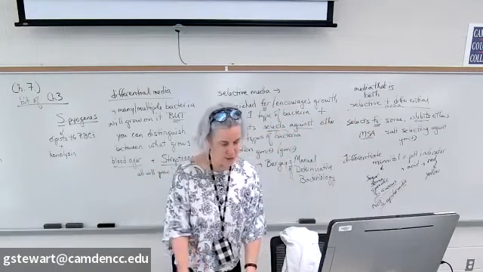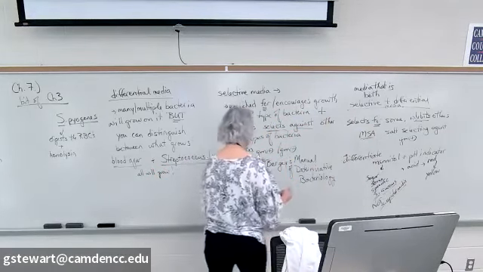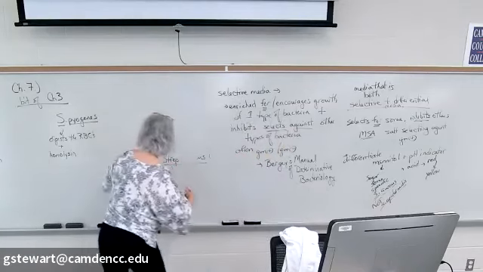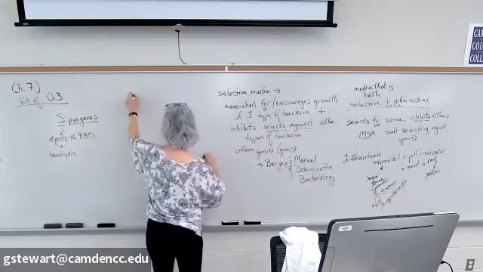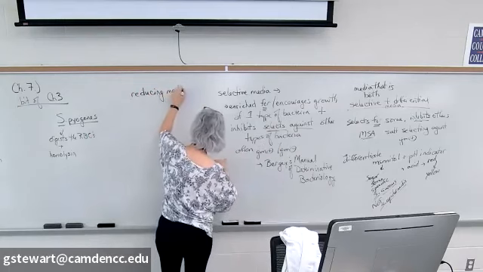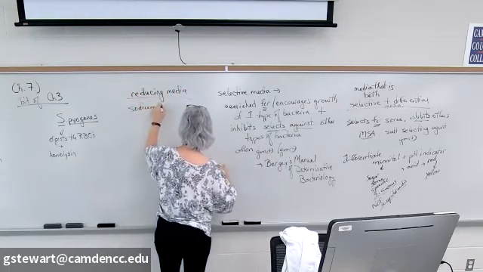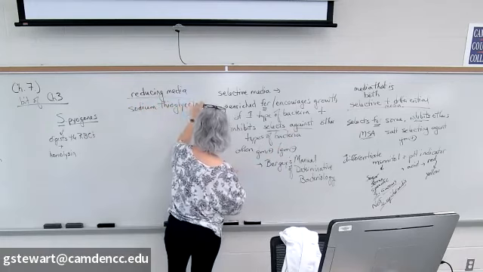Selective differential reducing media. That's the last one on the list. That's for if you're going to try to grow anaerobic bacteria. So it technically is also kind of a selective media. Reducing. It has a compound in it called sodium thioglycolate.